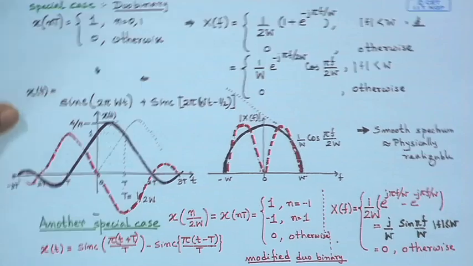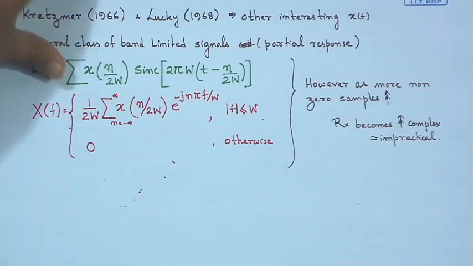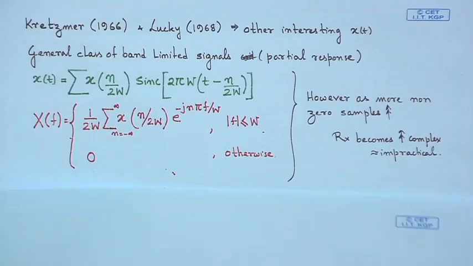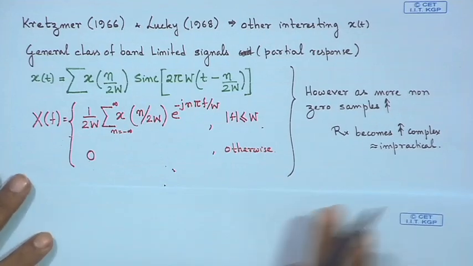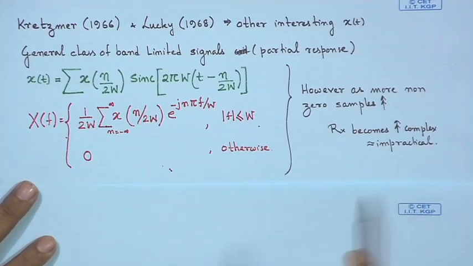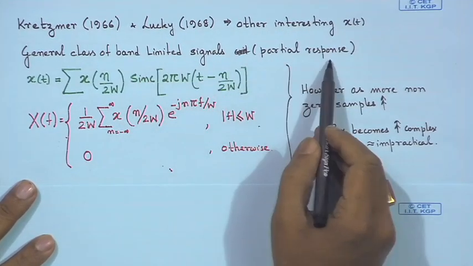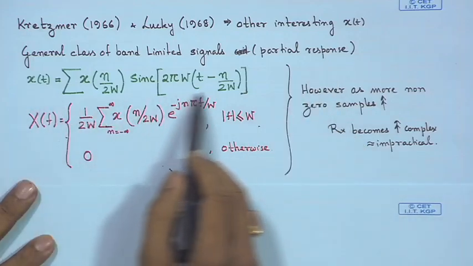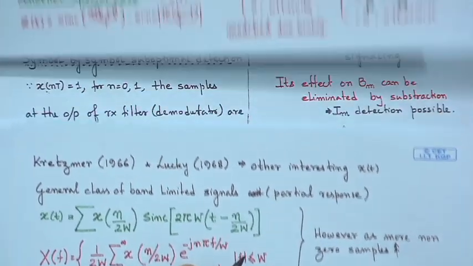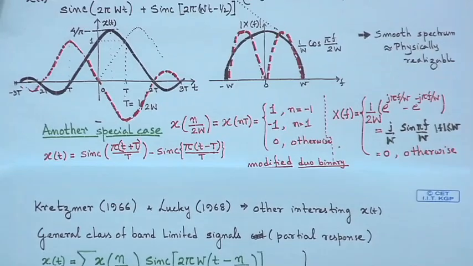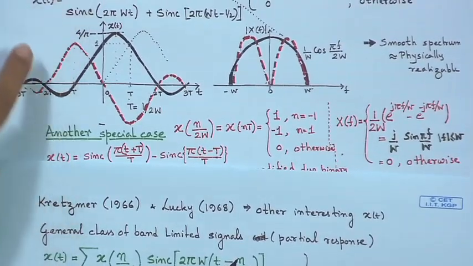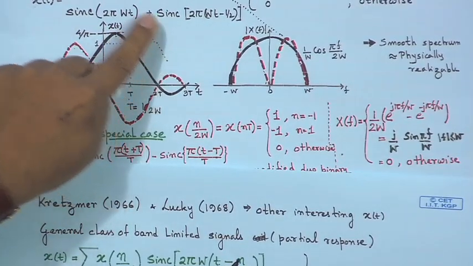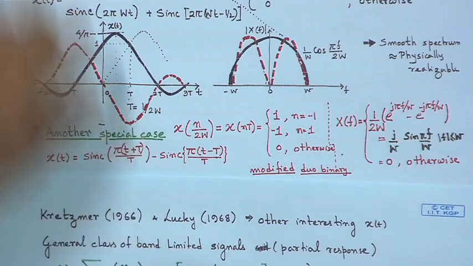So, if we look at what happens, before we proceed further, let us quickly take a look at the general class of band limited signals with partial response, which can be expressed in this form. If you compare it with whatever we have there, there is a sinc plus a sinc, here there is a sinc minus a sinc.